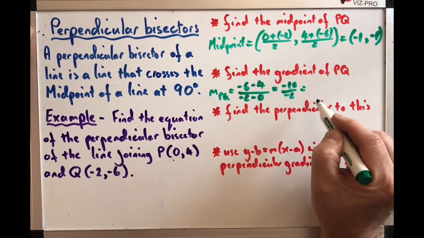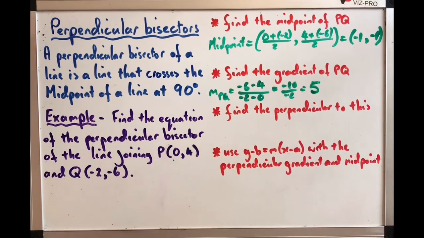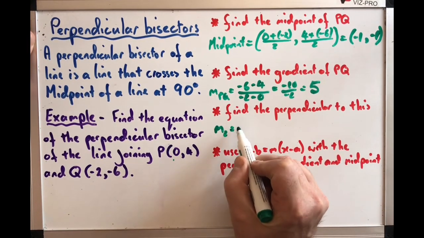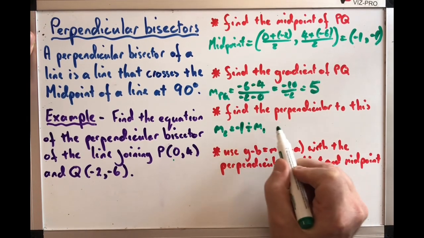Minus divided by a minus is plus. 10 divided by 2 is 5. Okay, so we've got 5 for the gradient there. But we don't want the gradient of the line, we want the gradient of the perpendicular. So remember this, m2 equals -1 divided by m1.